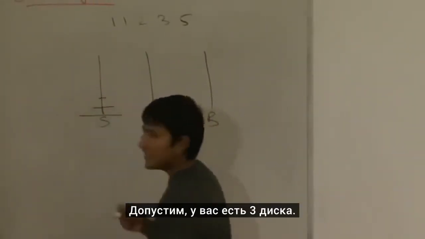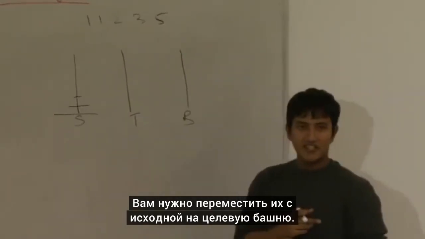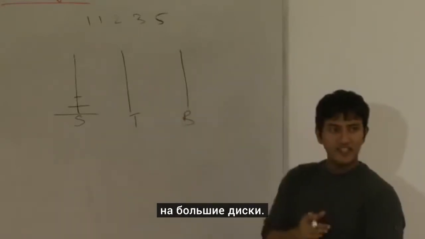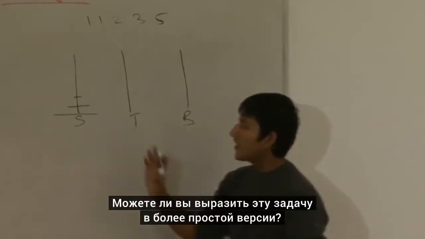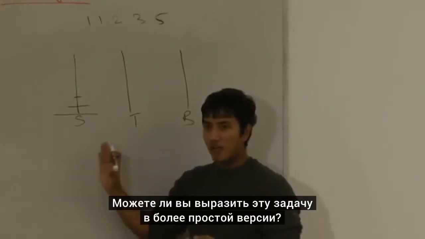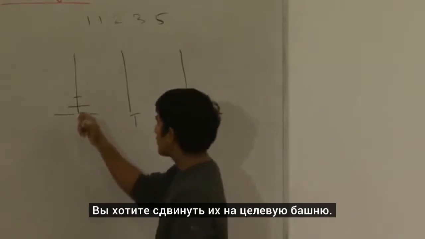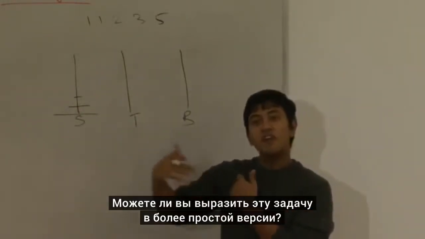Suppose you have 3 disks. You want to move them from source to target. And you can never have a bigger disk on top of a smaller disk. Then how would you move? Okay? So can you express this problem in its simpler version? So now you have 3 disks. You want to move them to target. Can you express it in a simpler version?